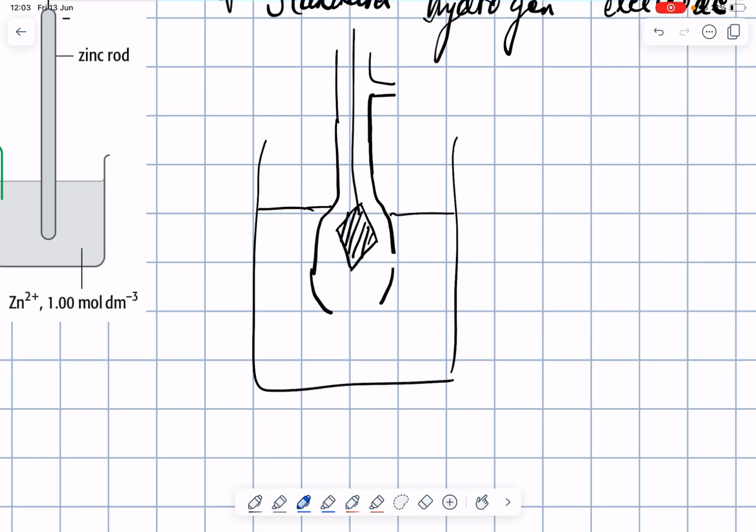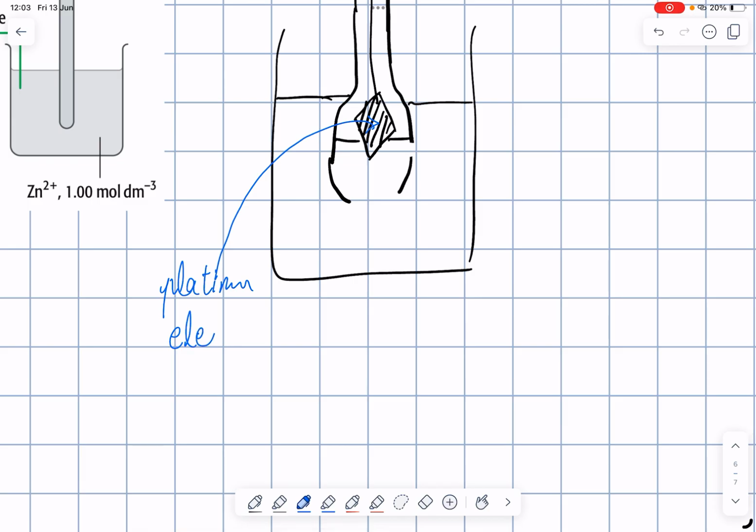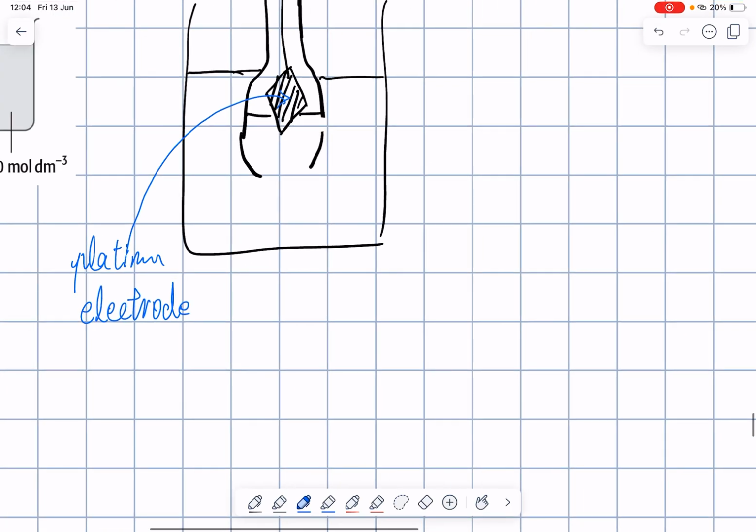I know this is absurd, but anyway, we can use that. Here is a platinum electrode. Platinum is a very inert substance, so we make sure it doesn't react with hydrogen or water inside here.